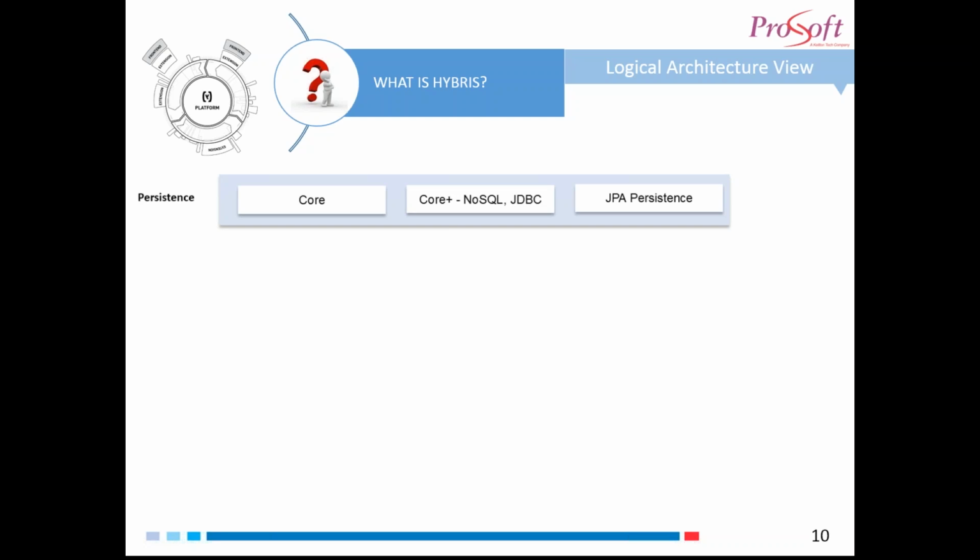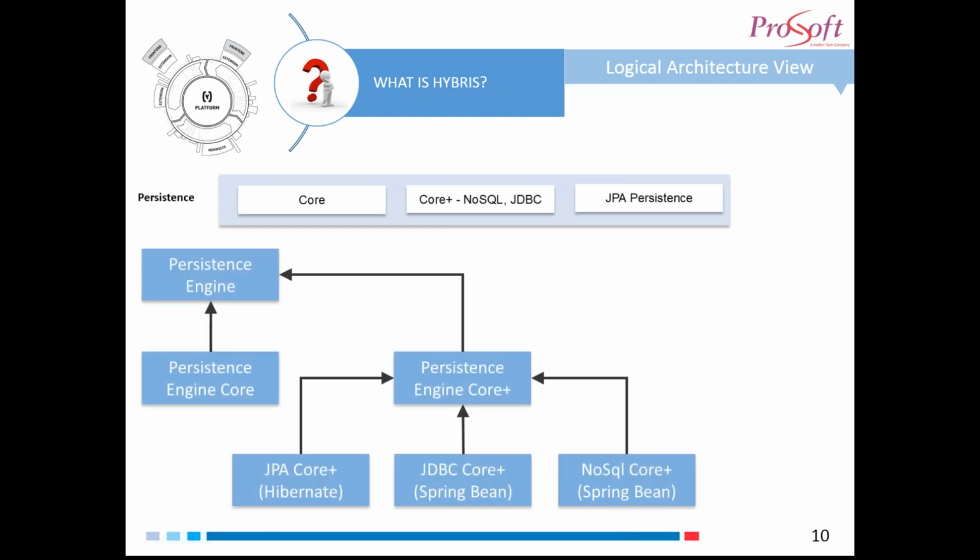So persistence is all about a persistence engine, and there are two implementations of the persistence engine. One is engine core, and as I already spoke about, there is an engine core plus. Within core plus, there is JPA, which is Hibernate based.